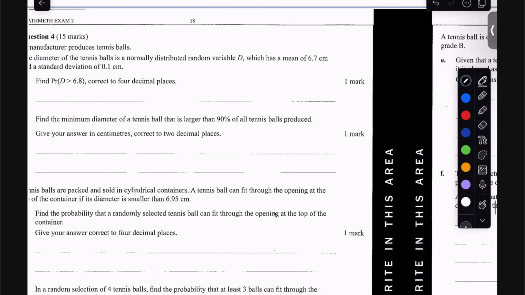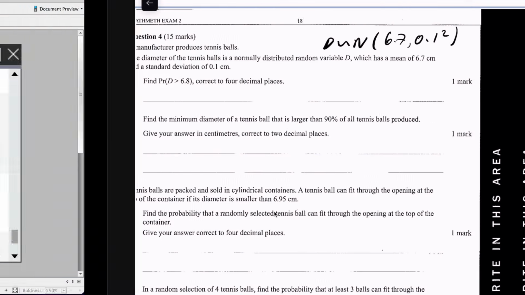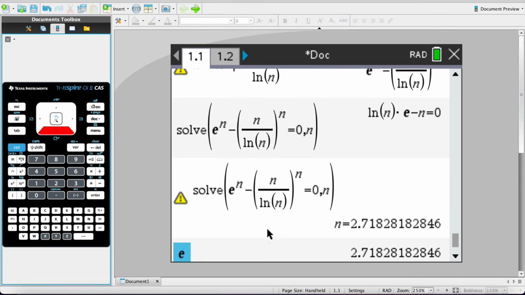A manufacturer produces tennis balls. The diameter of the tennis balls is a normally distributed random variable D with mean 6.7, standard deviation 0.1. Find the probability that D is greater than 6.8. So that's just normal distribution.